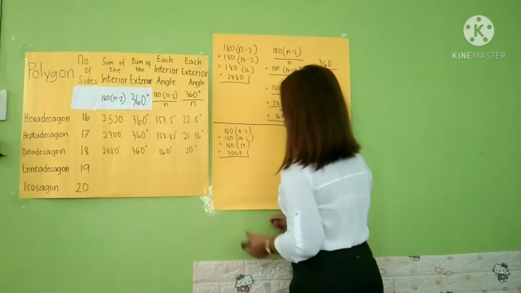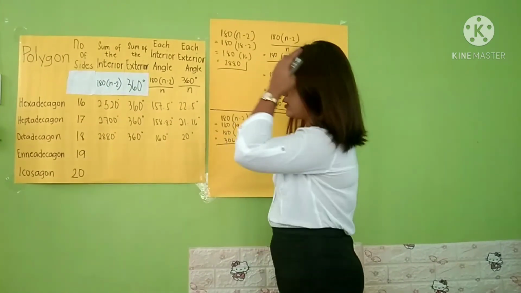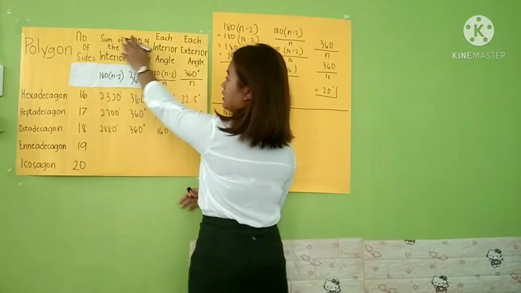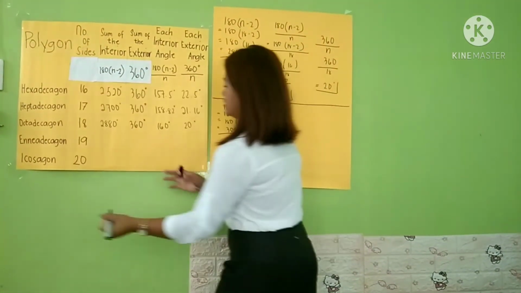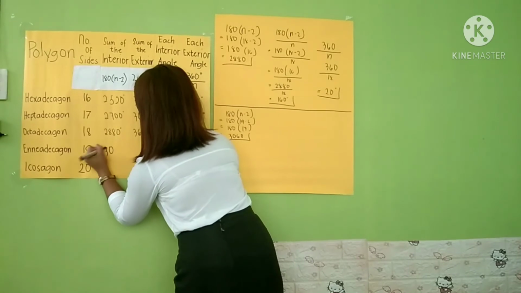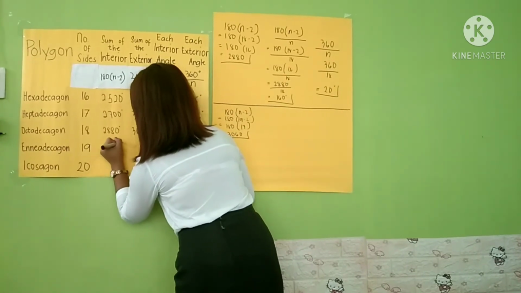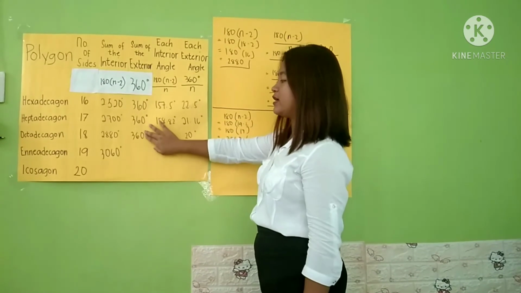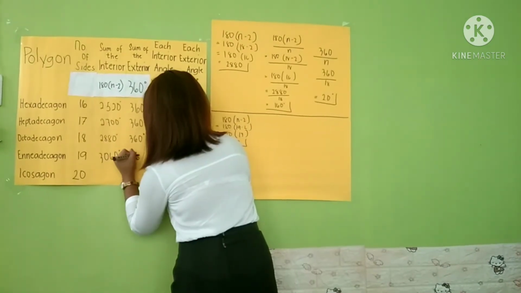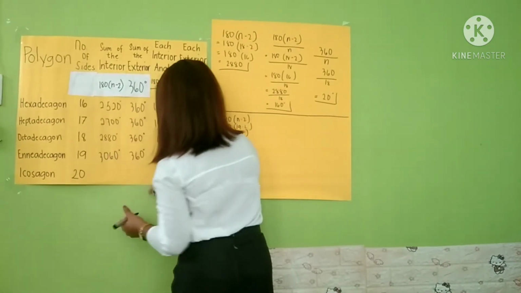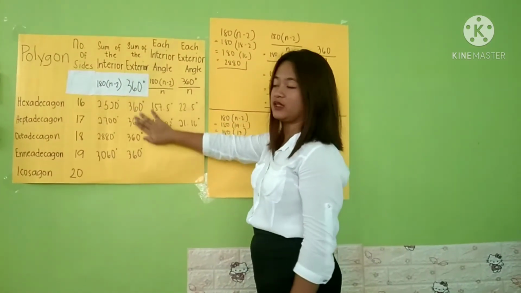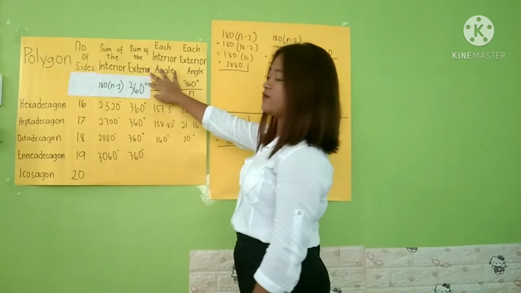We put 3060 here in the sum of the interior. And we always rewrite 360 for the sum of the exterior.